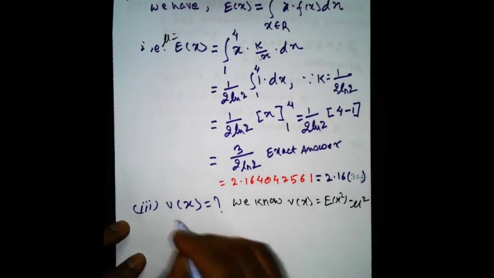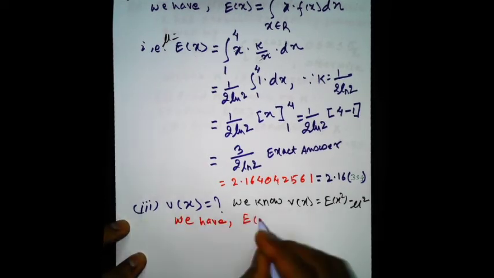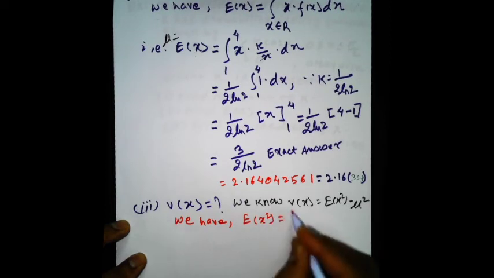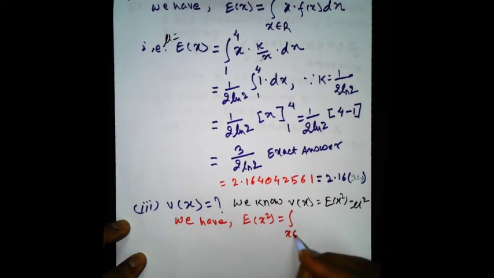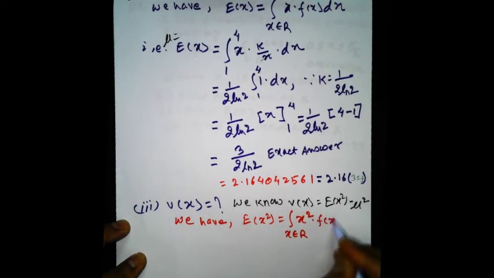So we have the expectation of X squared equals the integration in the given range of values of x, and it is x squared, so we write here x squared f(x) dx.